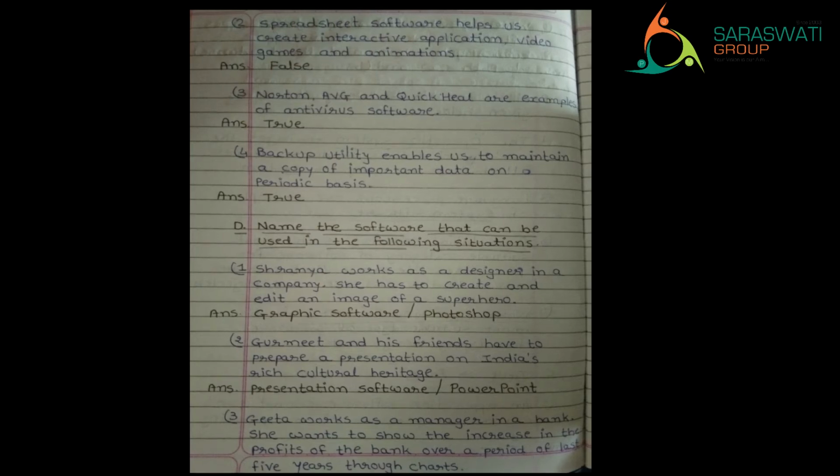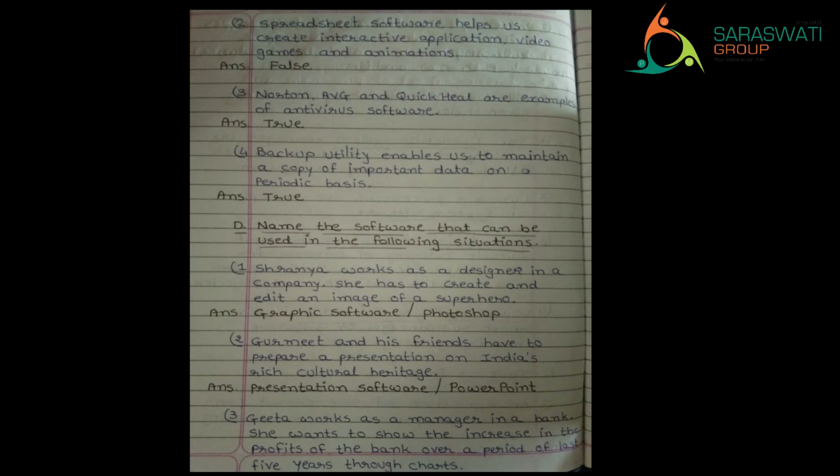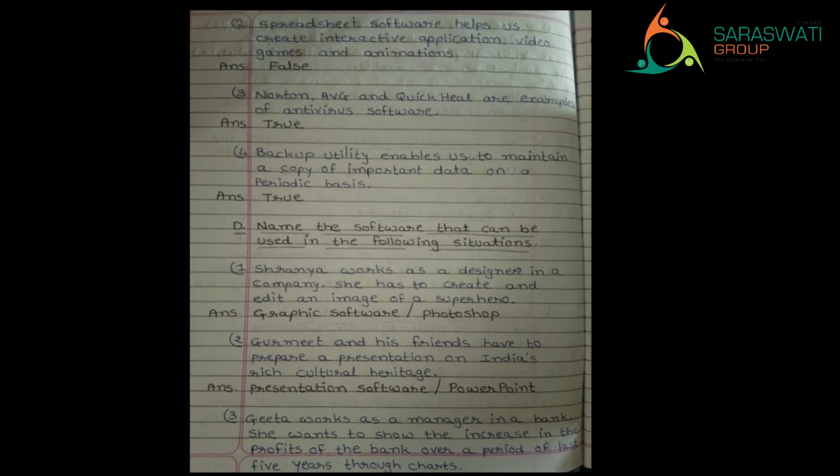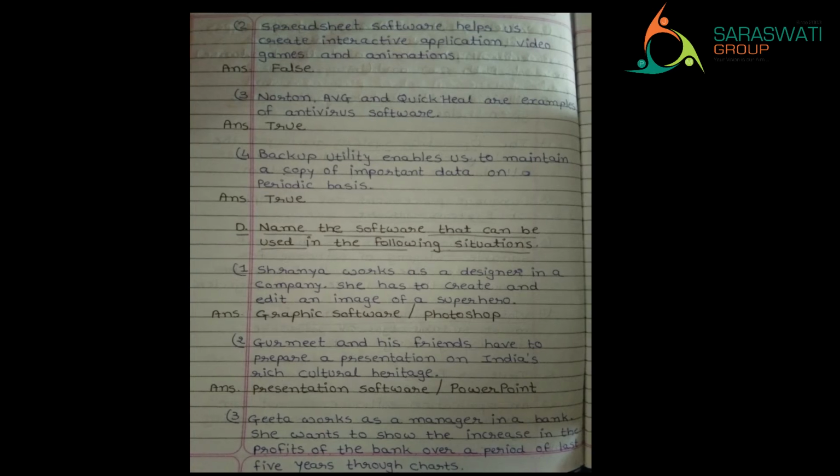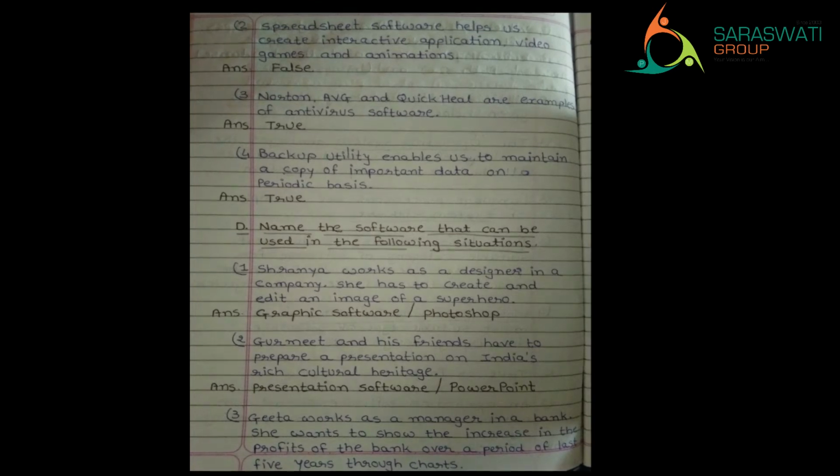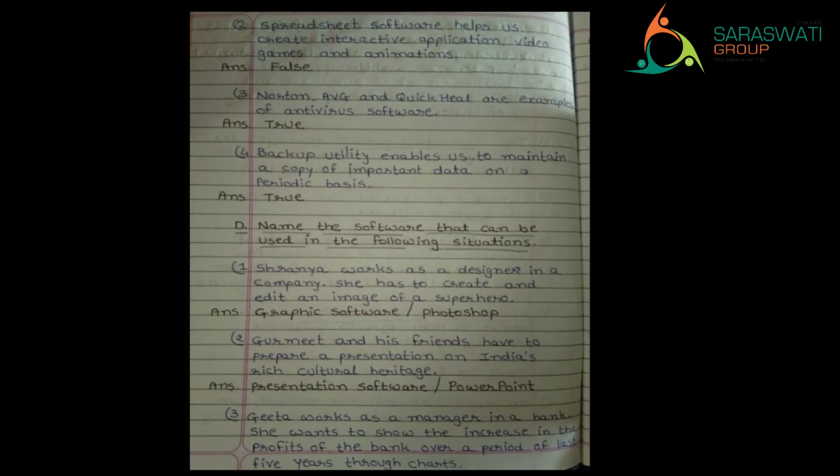What is the name of that software? It is backup utility software. Right? So now you can understand that this statement is totally true. So kids, this was section C, true or false.